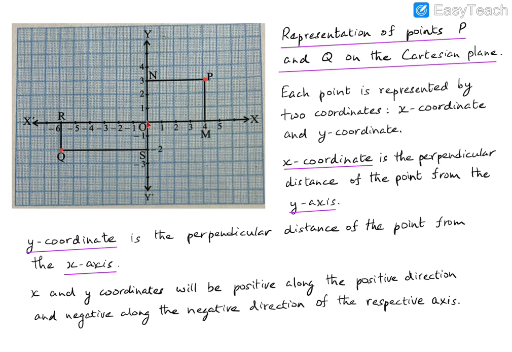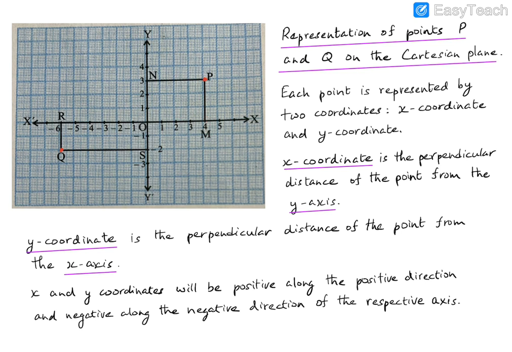So we will have the x coordinate as the distance from the origin to the point M. In other words, the x coordinate denotes the vertical intercept of the point with the x-axis. So if we make an interception of the point vertically or perpendicular to the x-axis, it intersects with the number 4 on the x-axis number line. So the x coordinate of the point P is 4.